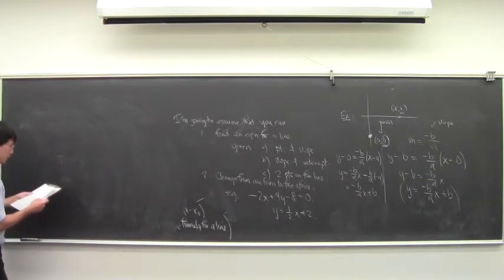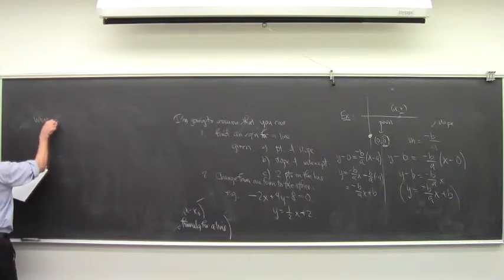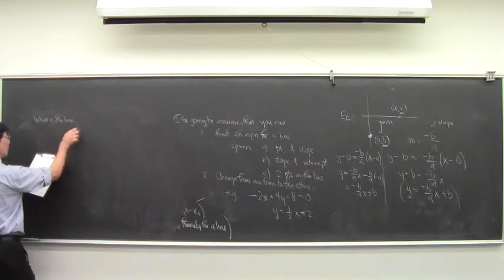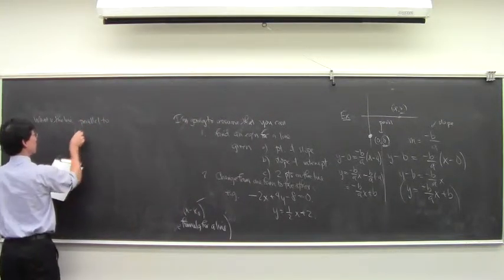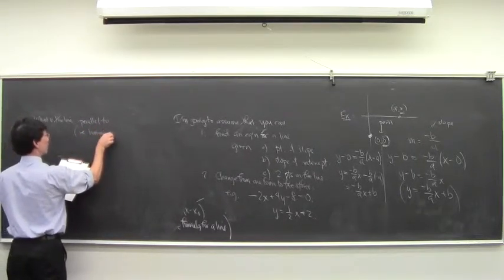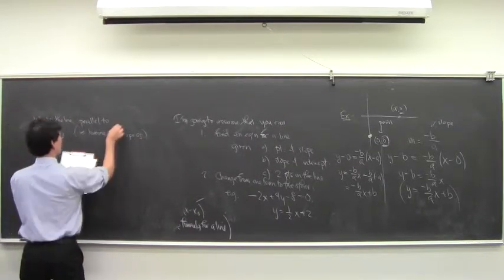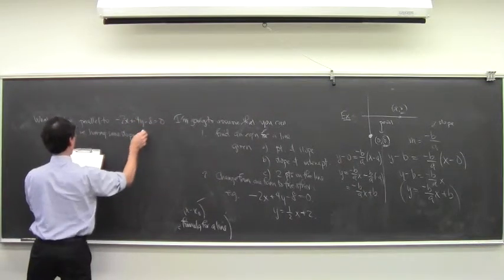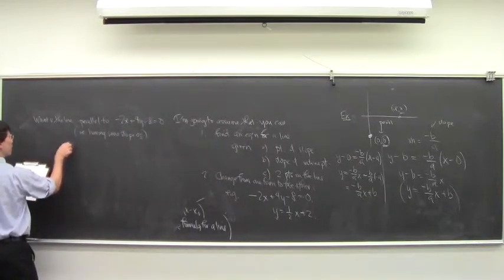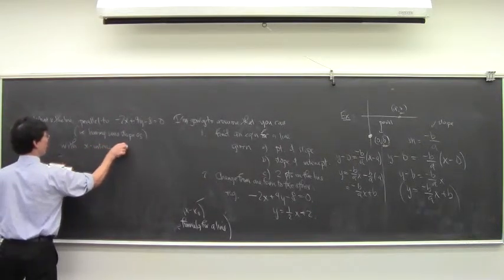One complicated problem. Okay, so you want the line that is parallel to, that has the same slope as, this line, negative 2x plus 4y minus 8 equals 0, with x-intercept 4.